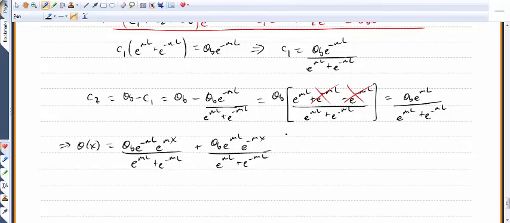We can simplify this a little bit by acknowledging that there's a theta b over e to the plus ml plus e to the minus ml for both terms. So we have theta sub b over e to the plus ml plus e to the minus ml times, and we'll combine our exponential terms here, e to the minus m times (l minus x) plus e to the plus m times (l minus x).